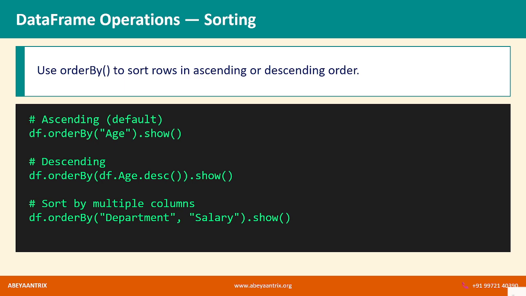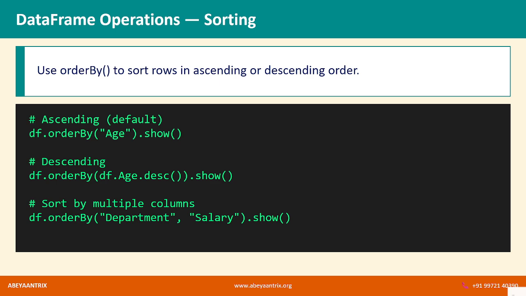You can also use order by. You have used order by in SQL. So you can use order by to arrange the values. If I give df.orderBy age, my age column will be arranged in ascending order. Then .show, so after arranging it, show it. Ascending is the default.